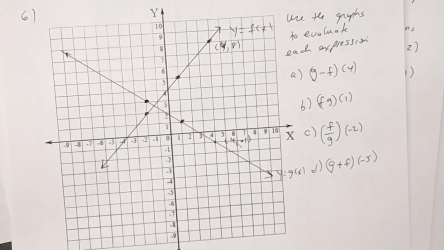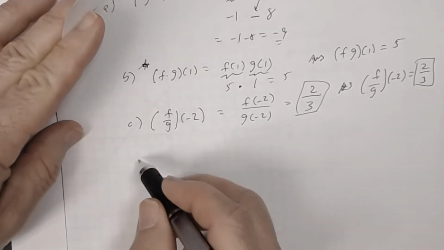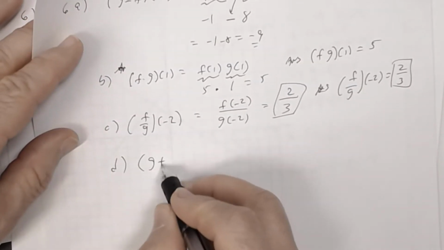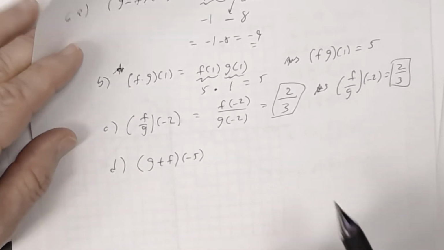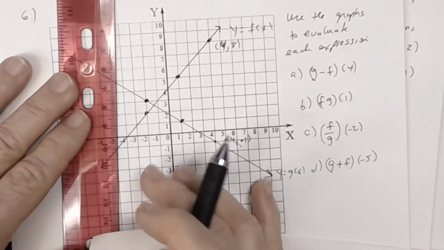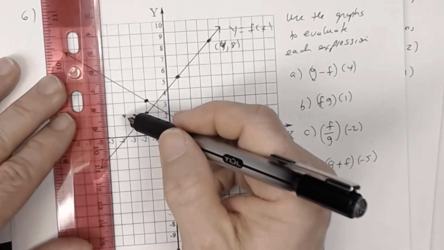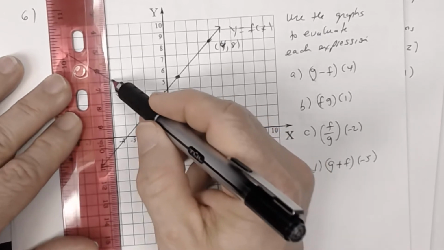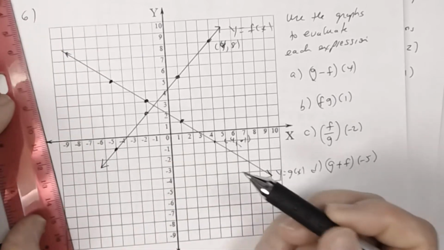And then letter D, you want to find g plus f at negative 5. Okay, g plus f at negative 5. It helps if you go ahead and darken those points. So here's where x is negative 5, and you want to find the y value of this point and the y value of this point.